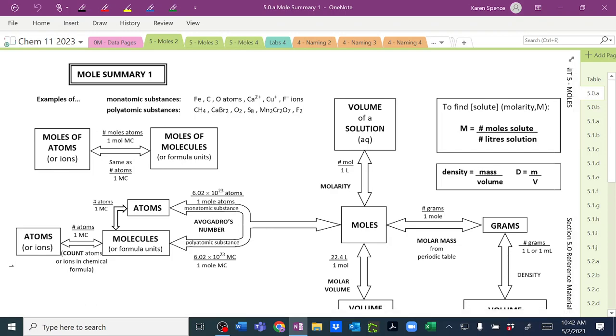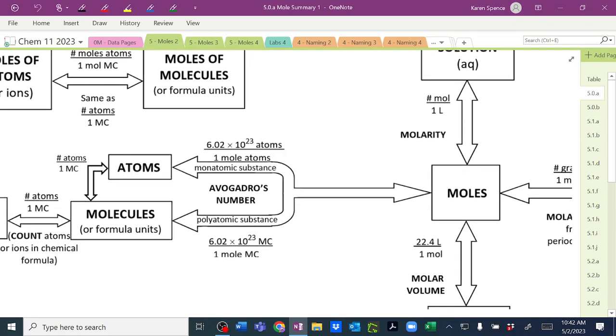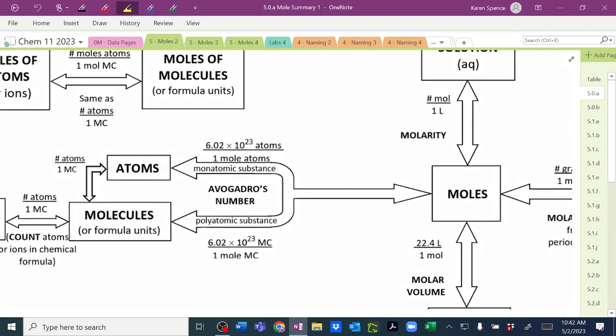We have so far covered converting from moles to atoms. Now, if I'm going to convert directly from moles to atoms, I would need to be starting with moles of atoms.